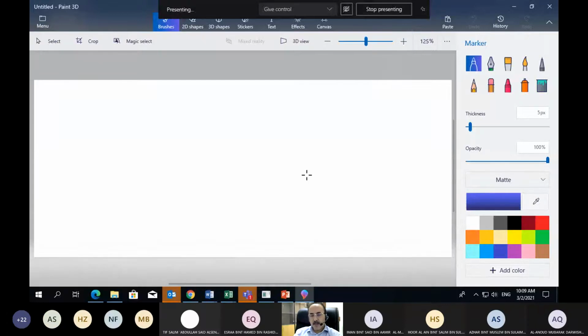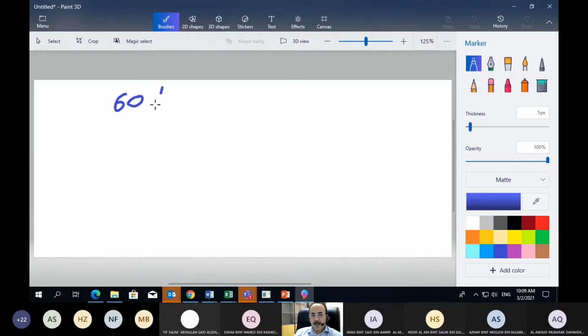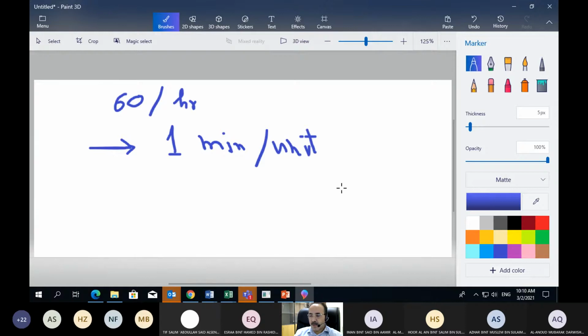If, for instance, we say that an employee can make 60 units in 1 hour, then what we're saying is that the employee is on average taking 1 minute per unit. So we're saying that the standard time that an employee should take is about 1 minute per unit.